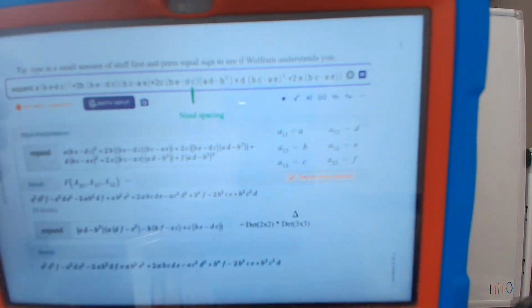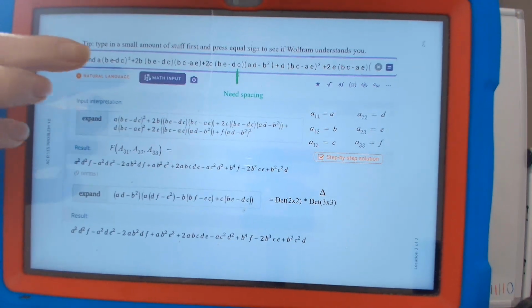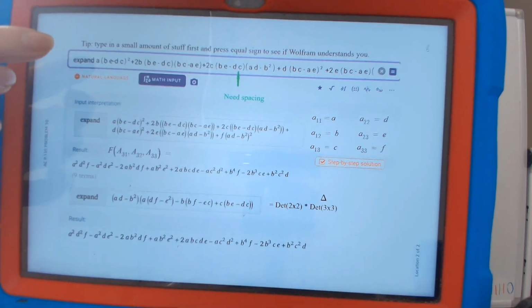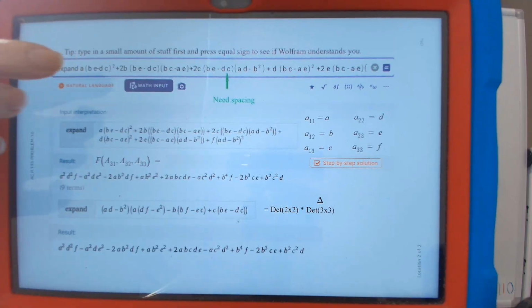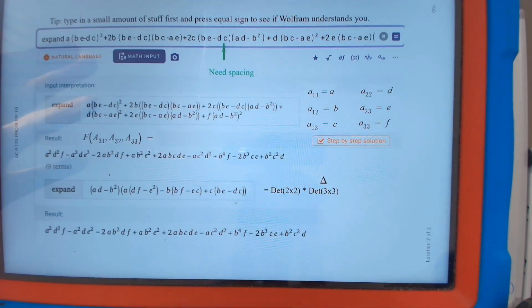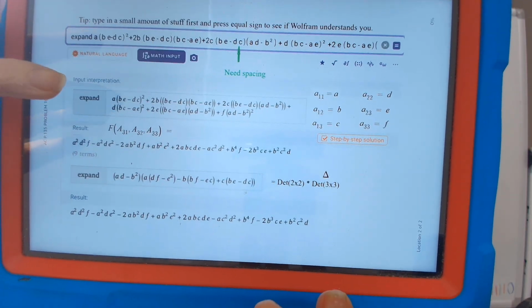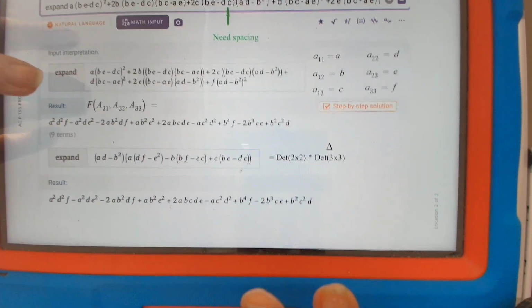And anyway, I used the calculator and typed all that stuff in, for the F, with the rules here where A11 is A, etc., and then had the calculator expand. After a while, it was able to do that.